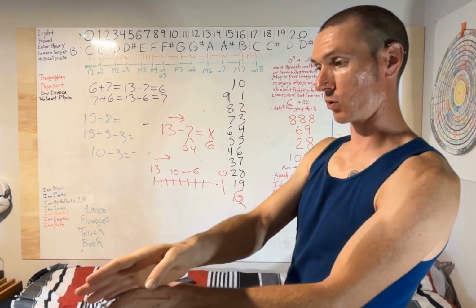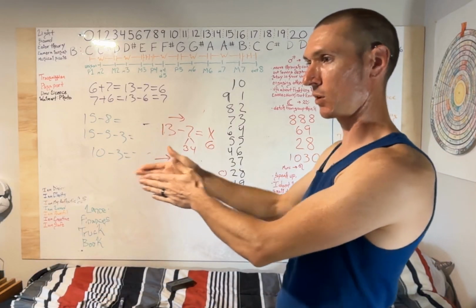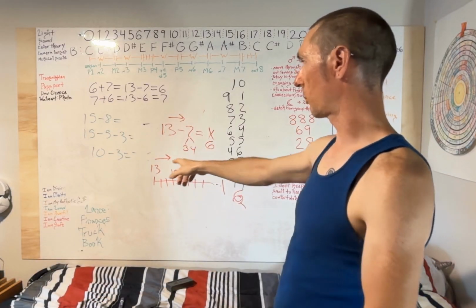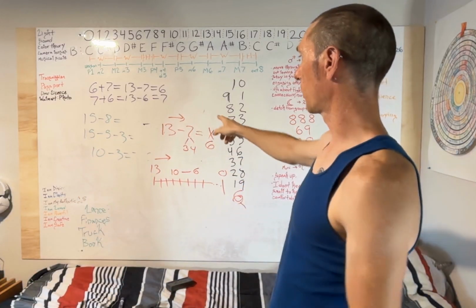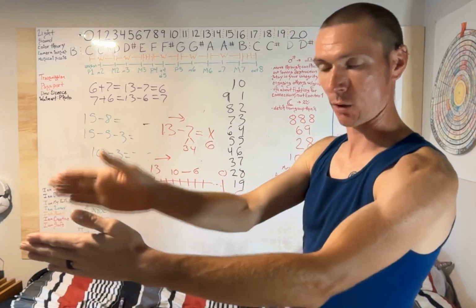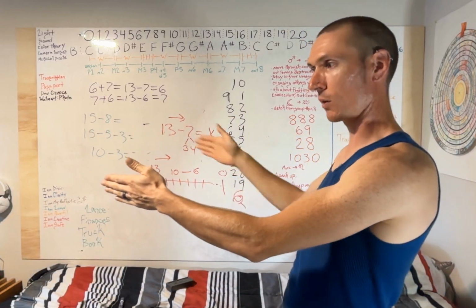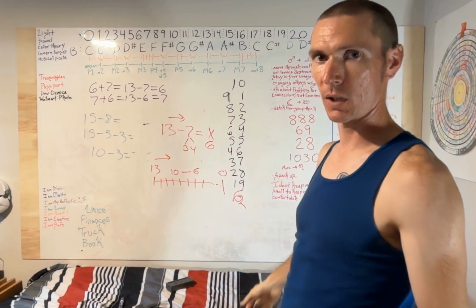You go from 13 down to 10, and then 10 minus 4 gets me down to 6. I've got a backwards number line. I'm working left to right, and I'm breaking it down into the two numbers that get it down to its 10, and then whatever the other counterpart number is.